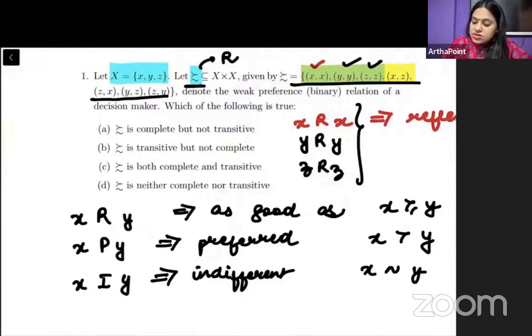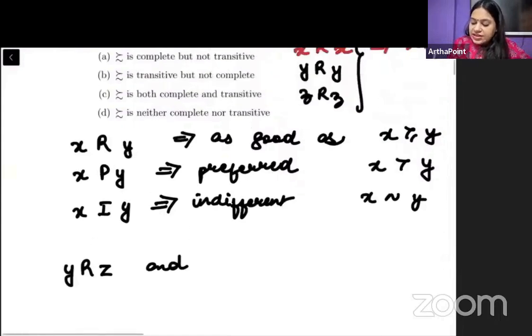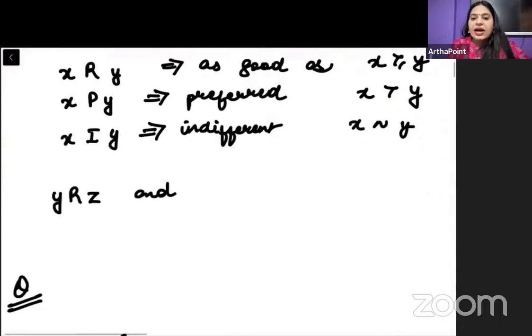Okay, now just look similarly at this relation, beta. This says YRZ. Why am I using R everywhere? Because it has told me to use this relationship. So this has told me YRZ, and the next one tells me ZRY.